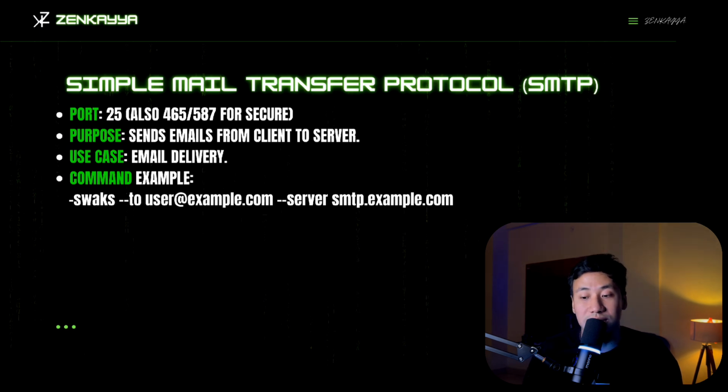Example, you can see swaks is a command that you use, --to user@example.com --server, which server? Your own server, smtp.example.com. These are just commands given so that you understand. You don't need to use this command right now, you just need to understand it so that later you can implement it. With this we are done with the important protocols.